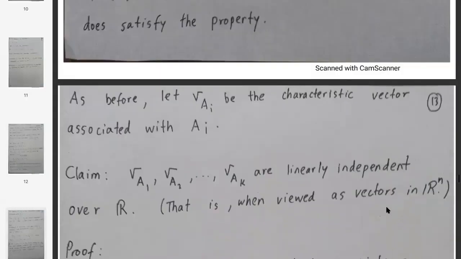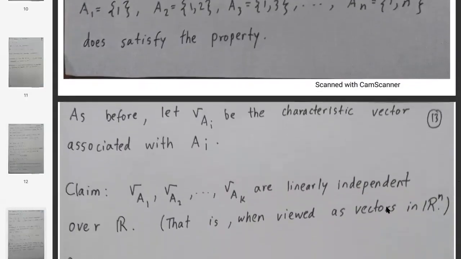So as before, to convert the question into linear algebra, let v_Ai be the characteristic vector associated with Ai. In this case, we will actually view v_Ai as a vector over R^n, not F_2^n.